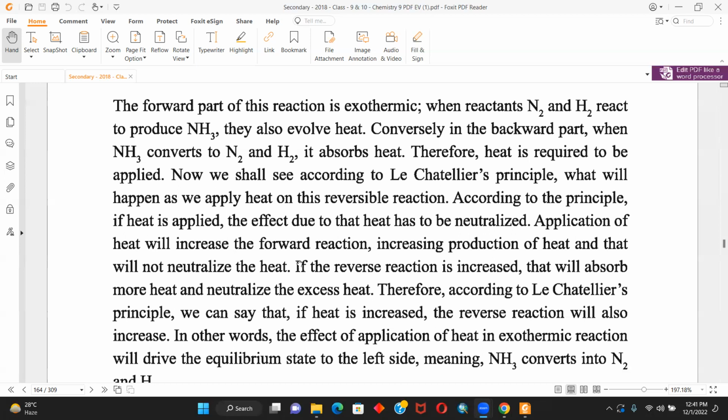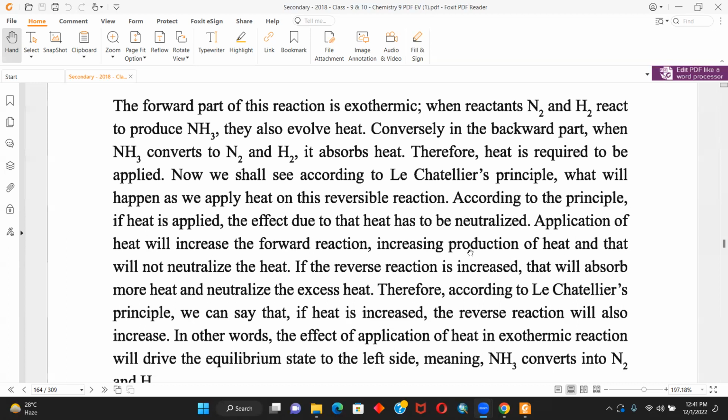If you are adding heat, that heat has to be absorbed. More heat can't be released. If you are adding, say, 10 kilojoule of heat, that 10 kilojoule has to be absorbed in the system. That is how it will get neutralized. If 10 kilojoule more heat is being produced, that is not neutralizing. Understanding my point?